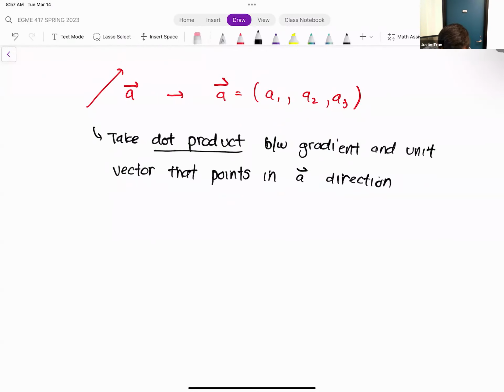And so we can represent it like this. And so, notation wise, what I like to do is I do partial f, partial a vector. Okay. So this is the directional derivative of f in that a direction, okay, is equal to 1 over the magnitude of a. So we're going to take the magnitude of a and divide it by a. Okay. So this is just to ensure that our direction here is a unit vector.